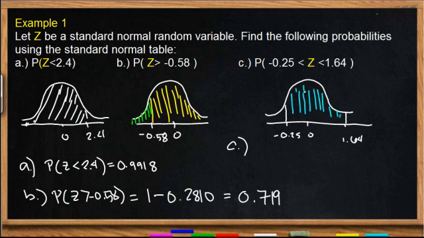But of course, what the book gives us is the green curve, the green area, which is the probability that z is less than negative 0.25, and another area, the yellow area, which is the probability that z is less than 1.64.